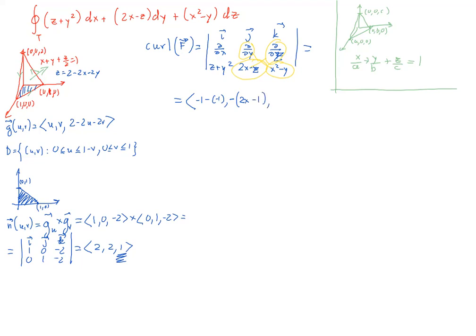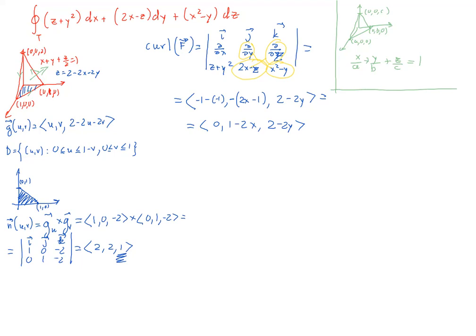And the last one will be 2 minus 2y. So the whole thing is going to be 0, 1 minus 2x, and 2 minus 2y. Okay, so I think we have everything that we need.